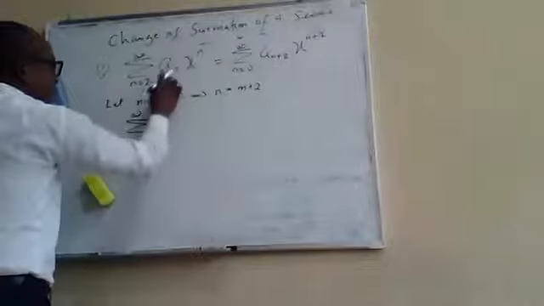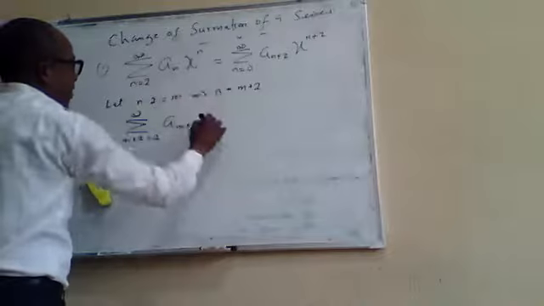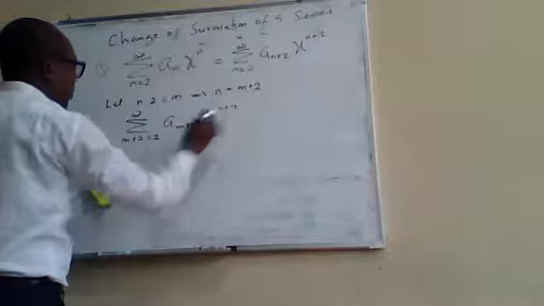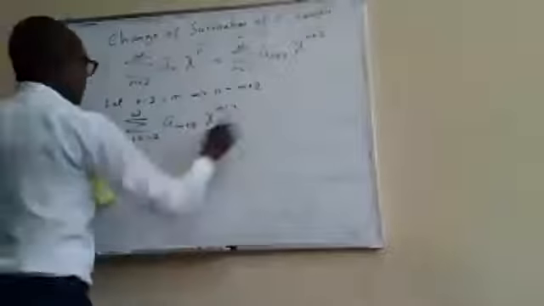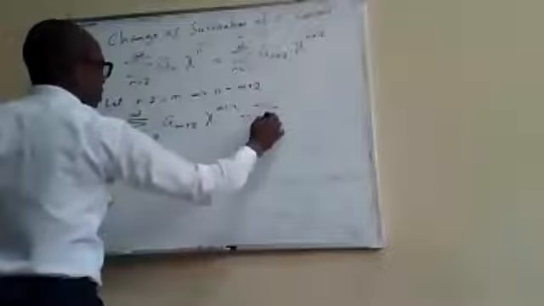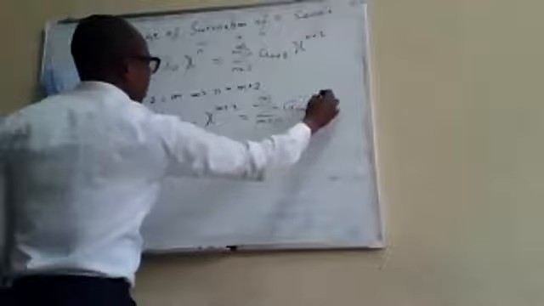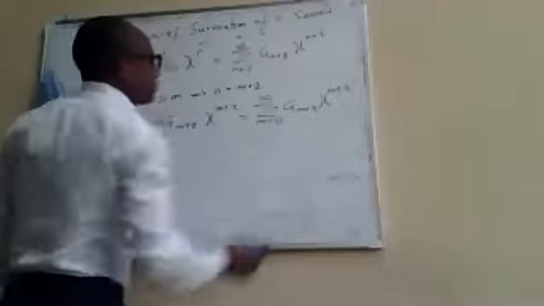If you look at this summation, that is m plus 2 equal to 2, I can take this 2 to the other side. Then that will give me the summation m equal to 0 to infinity of a_(m+2) s^(m+2).